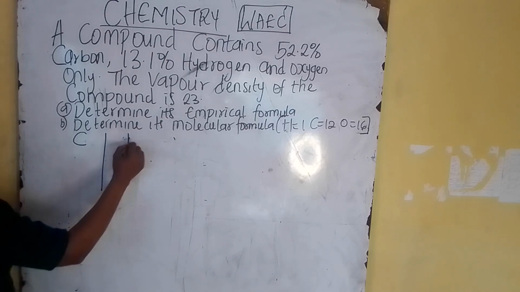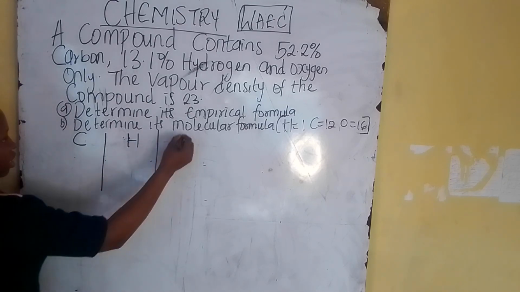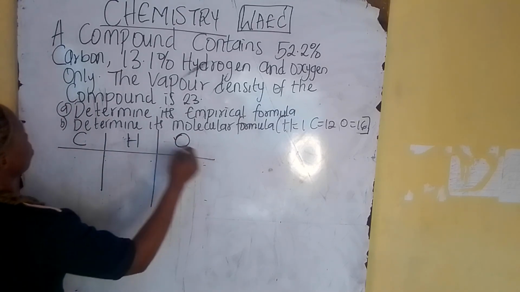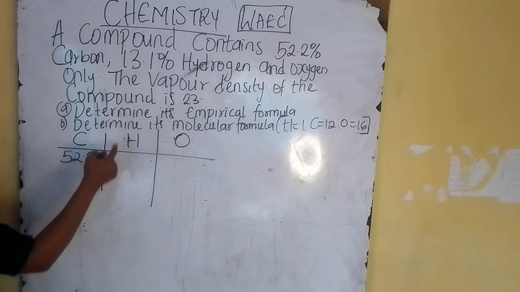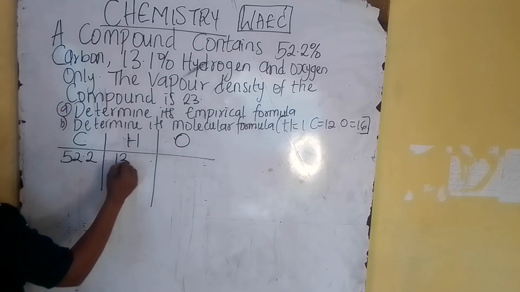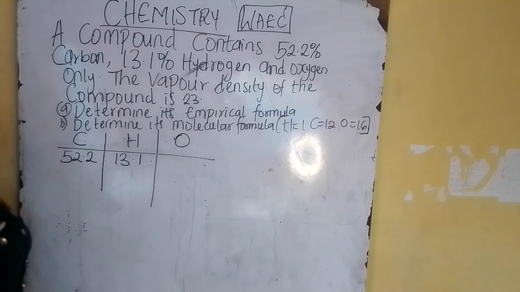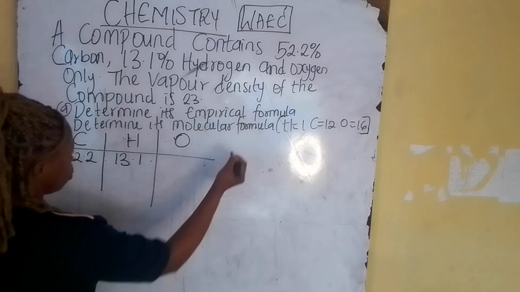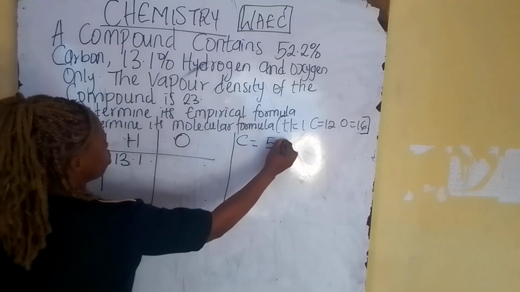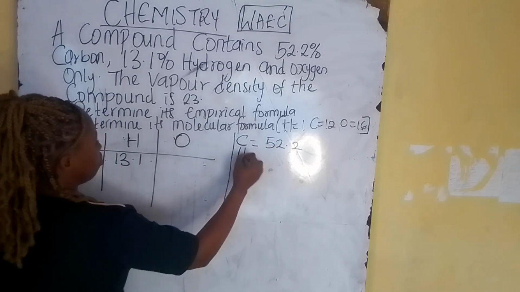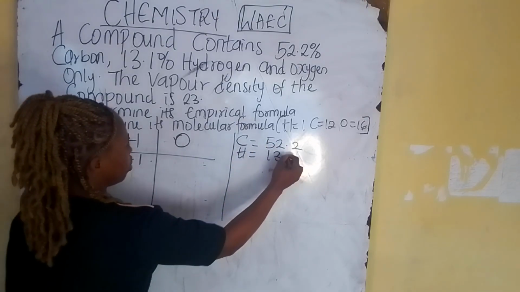For carbon, for hydrogen, and for oxygen. For carbon, we have 52.2%. For hydrogen, we have 13.1%. For oxygen, we are not given the percentage. So what do we do? We are going to add that of carbon, 52.2, and that of hydrogen, 13.1.